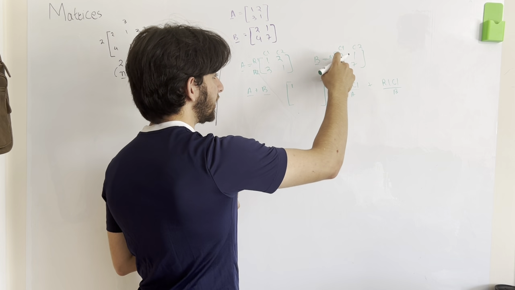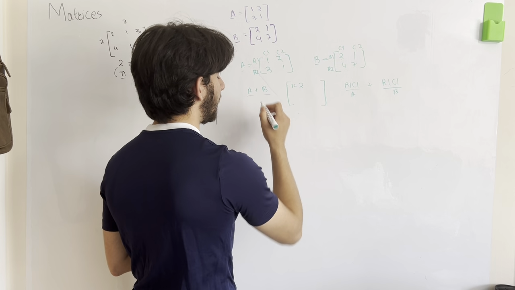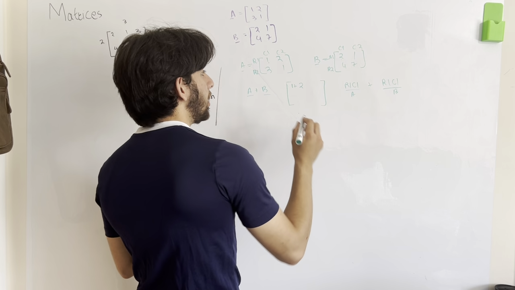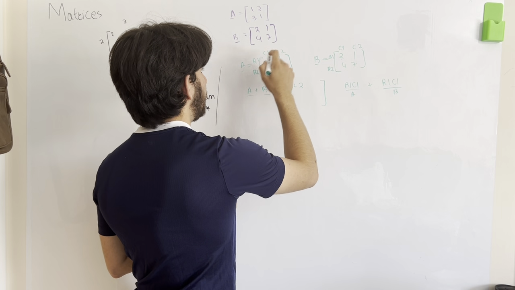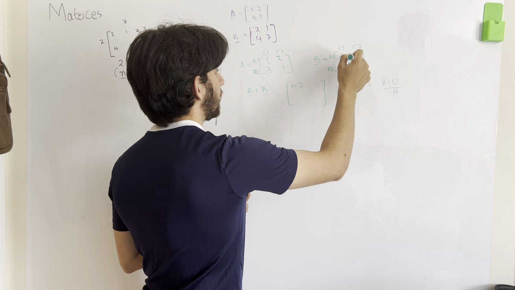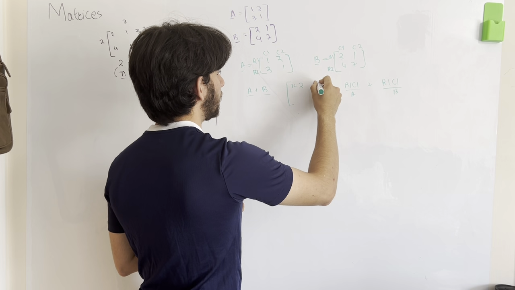In B, the same element is going to be 2. And I'm going to add them together because that's what my operator is. Now, I'm going to repeat this. For row 1, column 2, I'm going to look at row 1, column 2 in the matrix B. This is just going to be 2 plus 1.